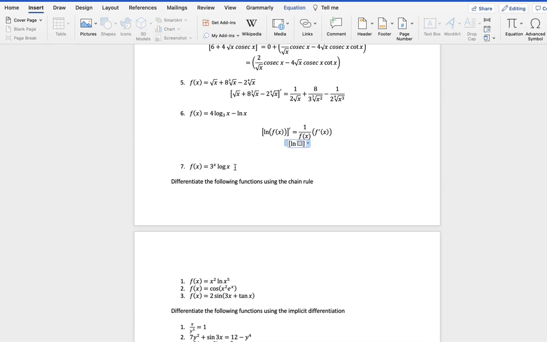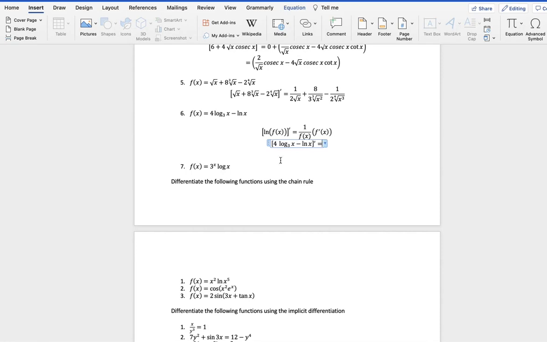We have to find the derivative of 4 log to the base 3 of x minus ln of x.